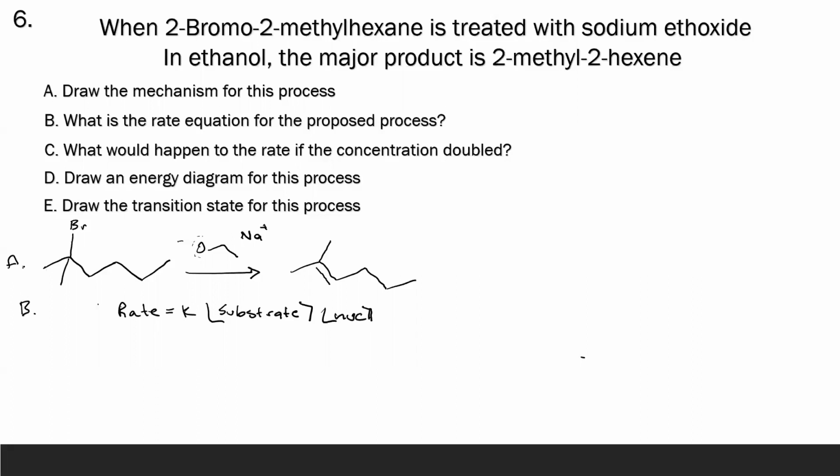Okay, what would happen to the rate if the concentration doubled? So if the concentration of base doubles, the rate is going to double. Okay.